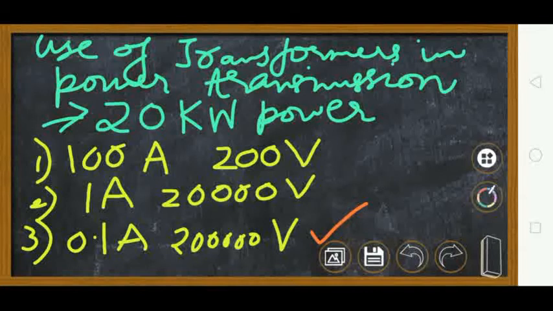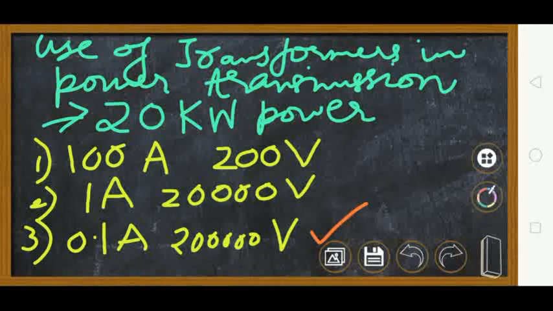Okay. क्यों? क्योंकि मेरा wire का cost बचेगा, मुझे मोटा wire नहीं चाहिए. 100 amperes I'll require a thick wire. Cost will go up. Plus 100 ampere जा रहा है तो heating ज़्यादा होगा. So much of energy will be lost as heat energy. So for me it is better if I send 0.1 ampere and keep the voltage at 2 lakhs.